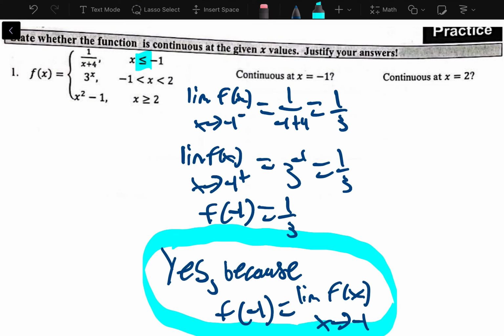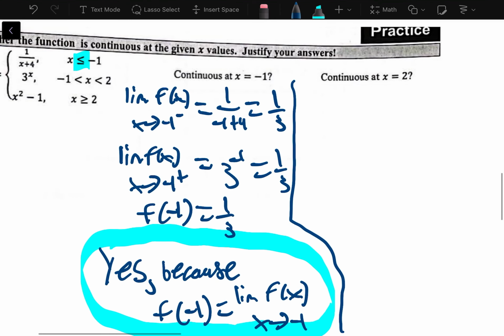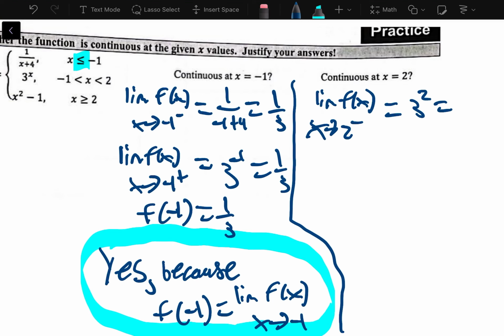Awesome. Let's see if I can fit this here somewhere. Continuous at x is equal to 2. If we look at x is equal to 2, do the same thing. The limit of f of x as x approaches 2 from the left is equal to 3 squared, which is equal to 9.